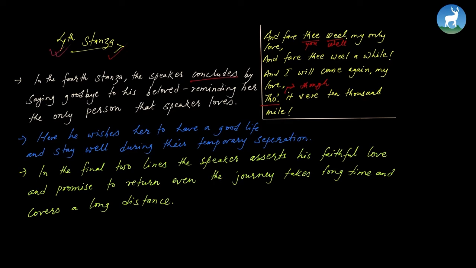This is the last stanza, and here the speaker concludes by saying goodbye to his beloved, reminding her, because she is at the center, that she is the only person that the speaker loves in the entire world.